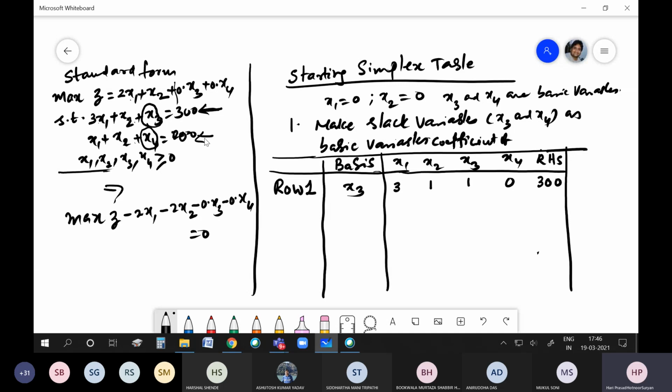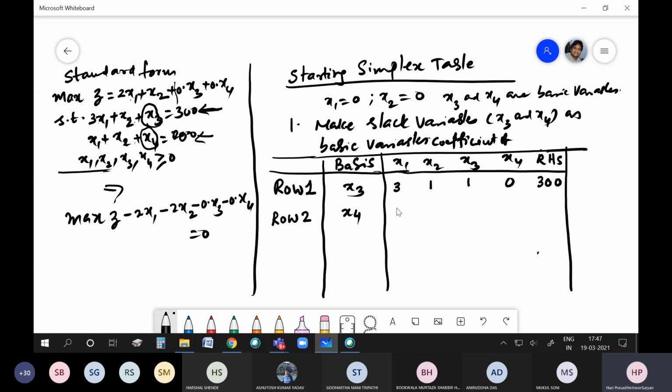Now come to constraint 2. That will be row 2. What is the basic variable in this constraint? x4. So let us write it as x4, and write the coefficients.